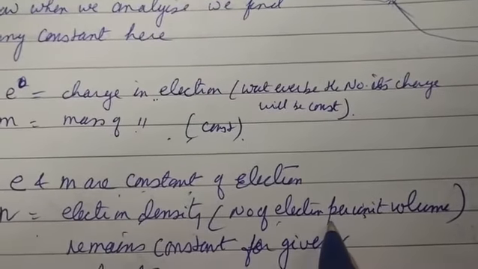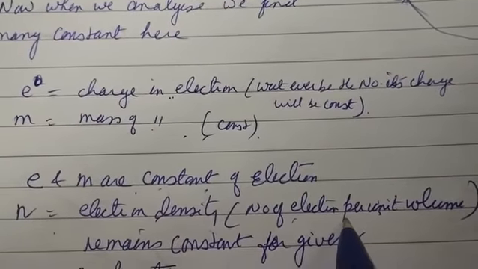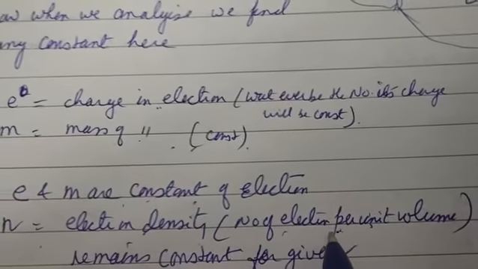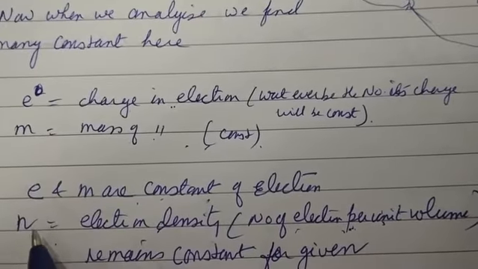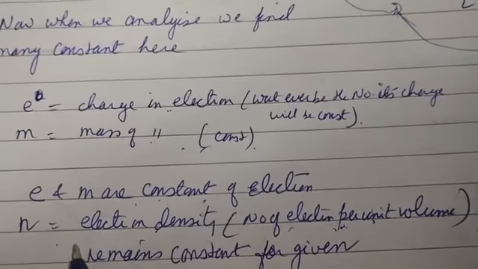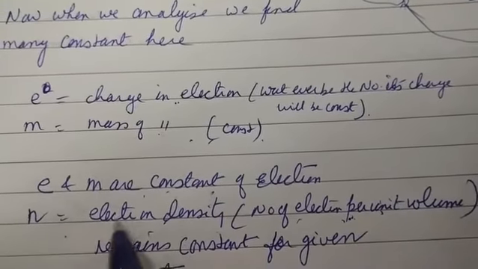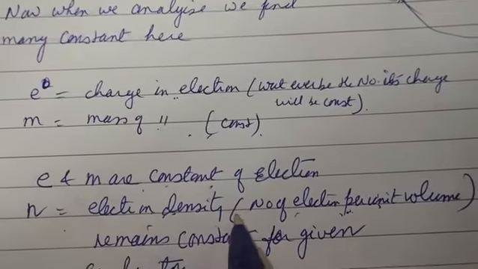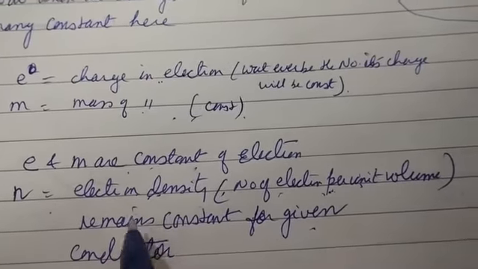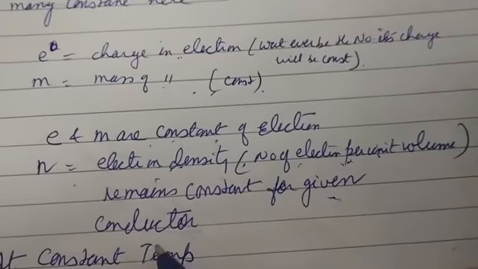This is constant for a particular conductor. Suppose we take a conductor made up of steel or aluminium: for steel N is constant, for aluminium N will be different. But for a given conductor, the electron density remains constant.